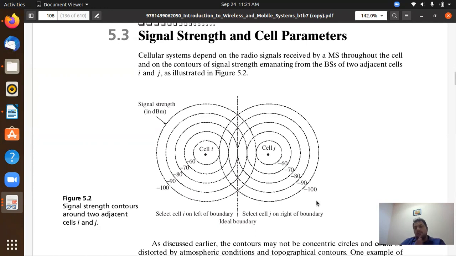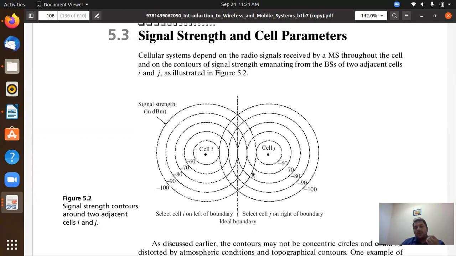Now the aim is that suppose there is a user, that user receiver would pick the cell I base tower or the cell J base tower. Your user is mobile, so that user would start receiving both signal strengths.